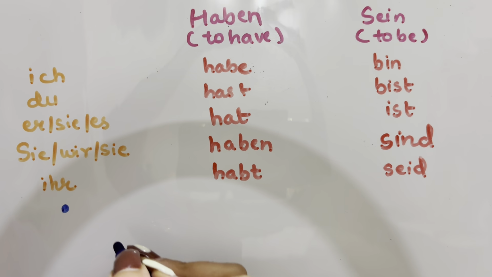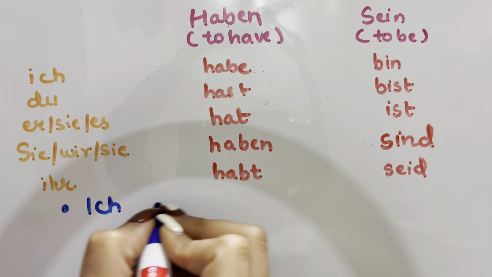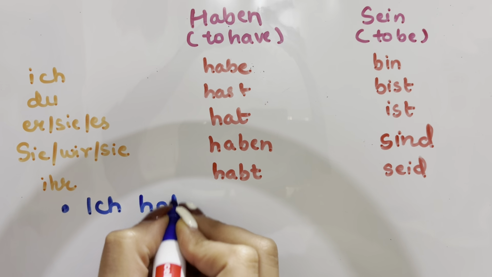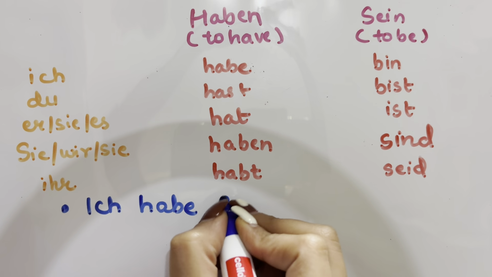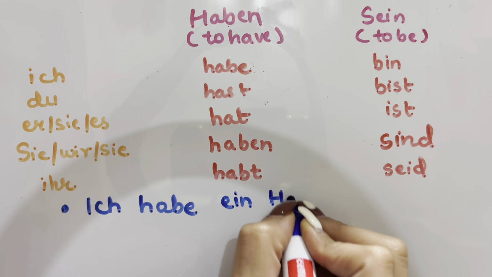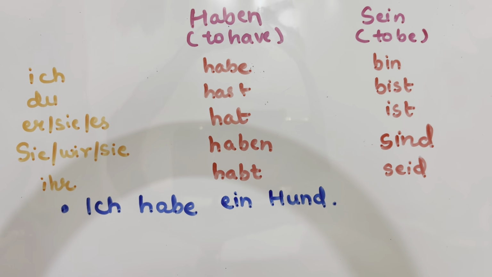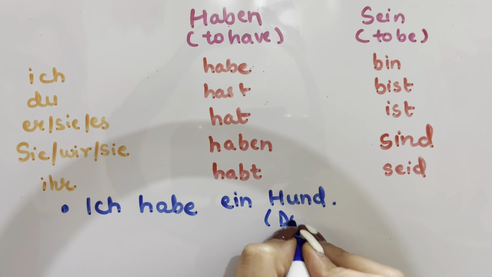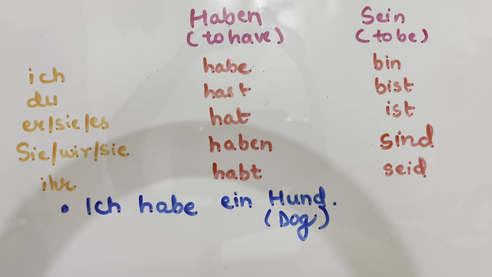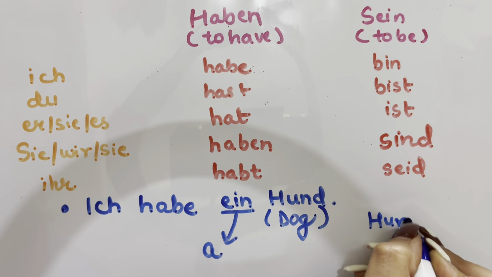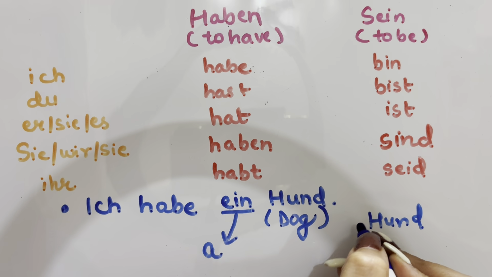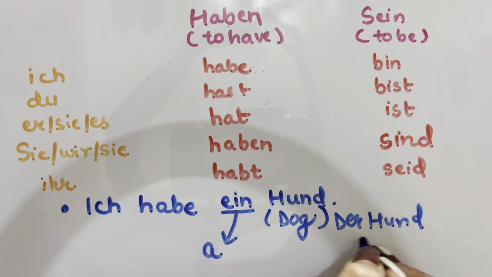So first, haben. Ich habe ein Hund. Now what does Hund mean? It means dog. And why are we using ein? Ein basically means a. And the article that we use behind Hund is der.